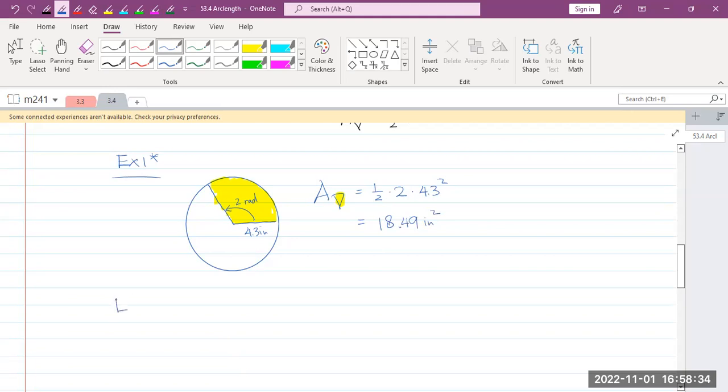In our example 2, we have that pizza. Do you remember that pizza? The central angle is 30 degrees. The radius is 5 inches. How much pizza, what is the area of the pizza you just ate?